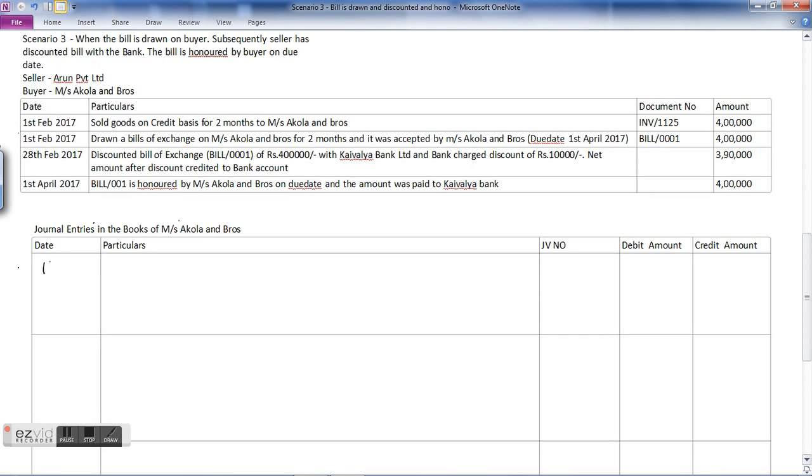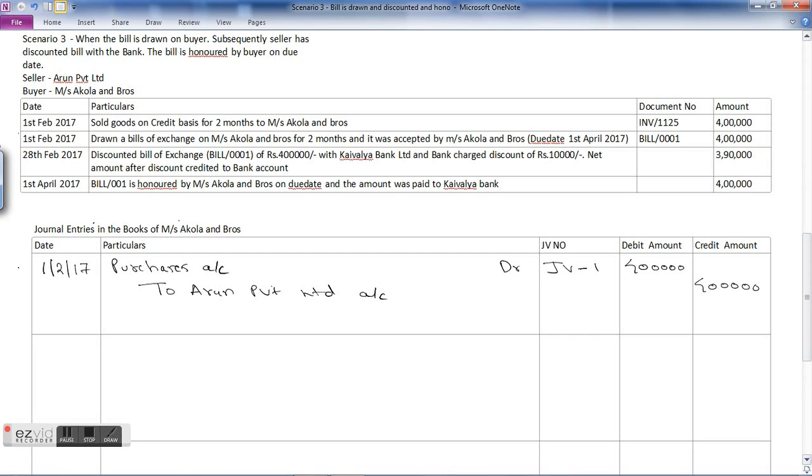So the entry will be purchases account debit to creditors account on 1st Feb 2017. Purchases account debit to creditors. So creditors in this case is Arun Private Limited. Arun Private Limited account, we will put it as JV number 1, amount is 4 lakh.